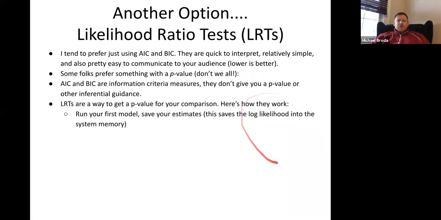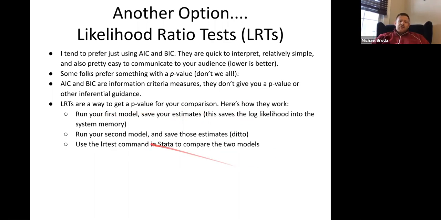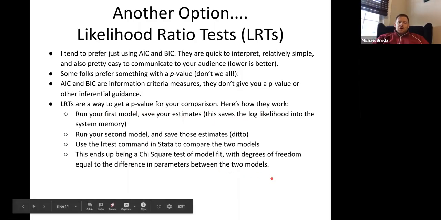So here's how they work. You run your first model and you save your estimates. And what this does is it saves the log likelihood and other info in memory. And then you run your second model, and again, you save those estimates. You're allowed to then access those estimates later. And then you use in Stata the LR command to compare the two models.